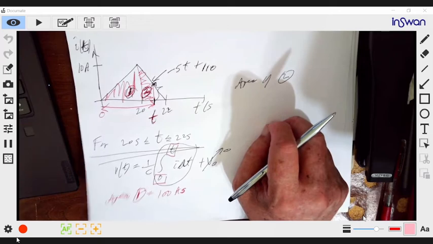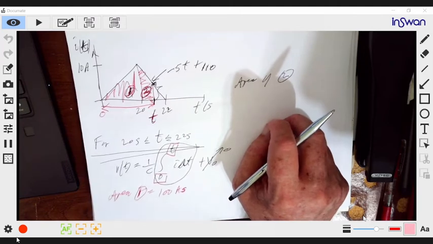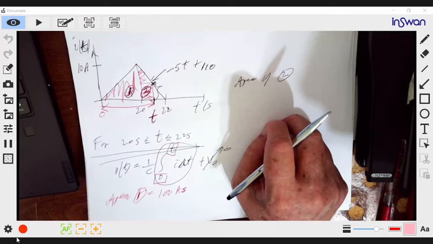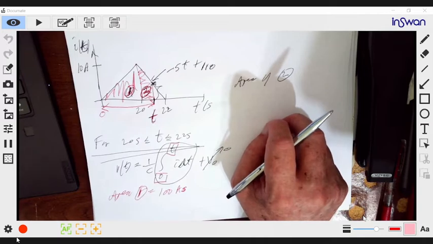If you don't know what the value of t is, how are you going to evaluate it? You're going to have to give me a formula. You cannot give me a number. How are you going to find the area? Second area.